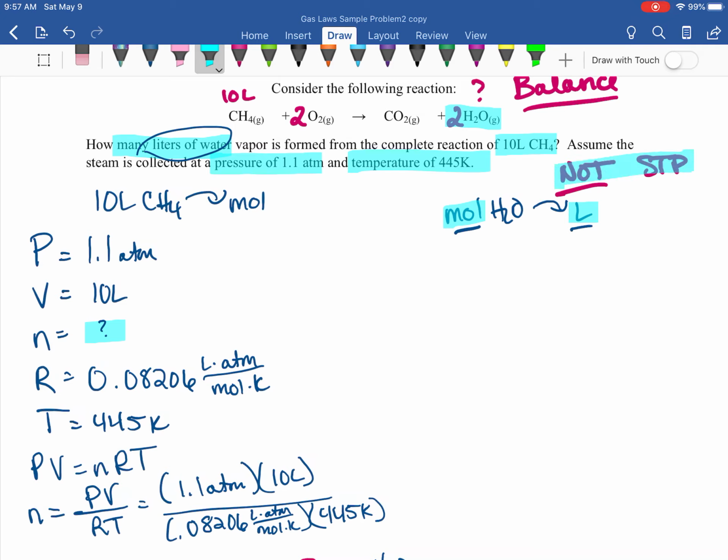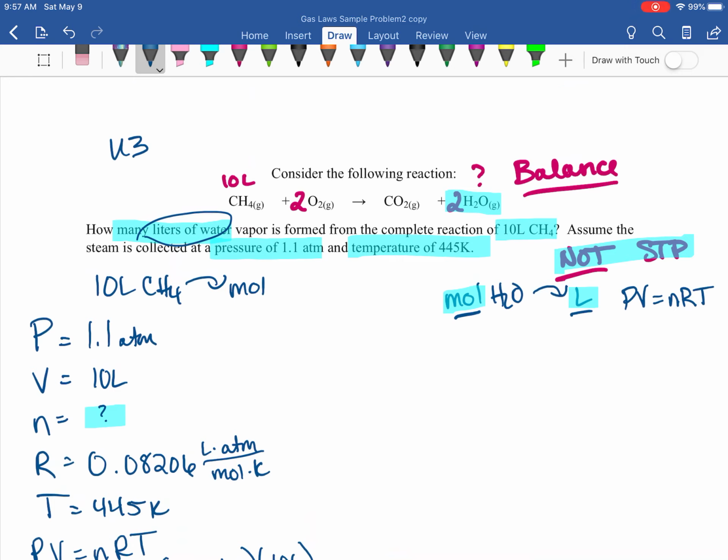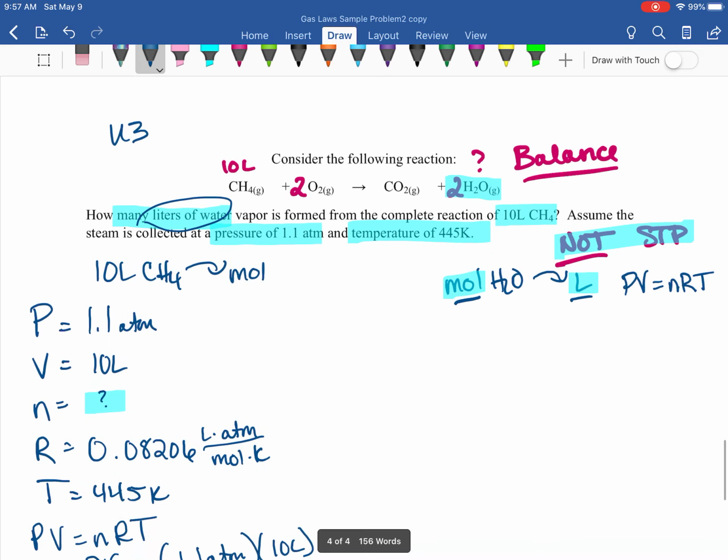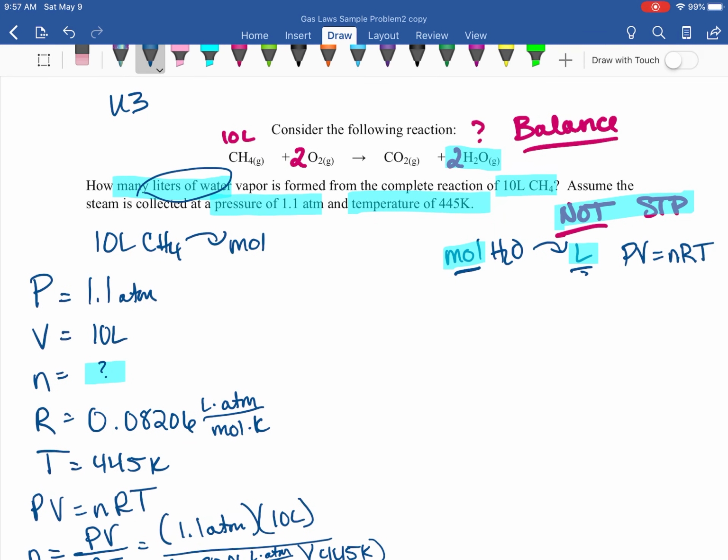And we are not at STP, and we can't use our molecular weight. We have only one option, and that is PV equals nRT. So this problem is truly 2 for the price of 1, because guess what? We get to turn right around and solve for liters in our gas law.